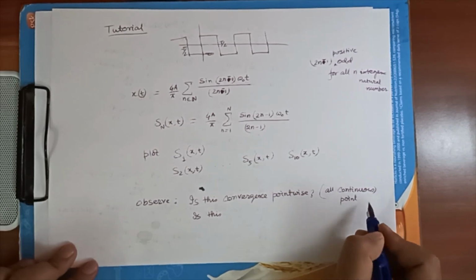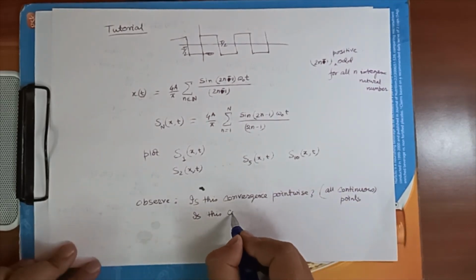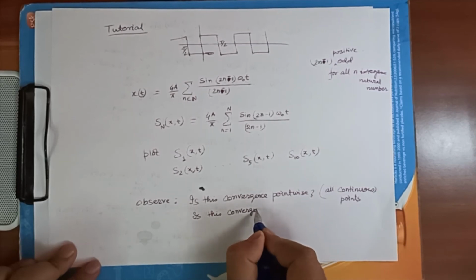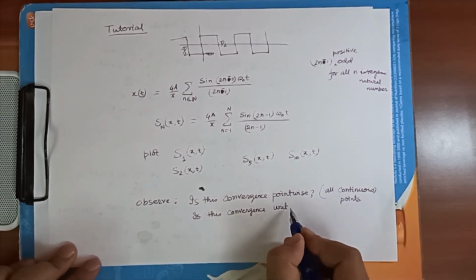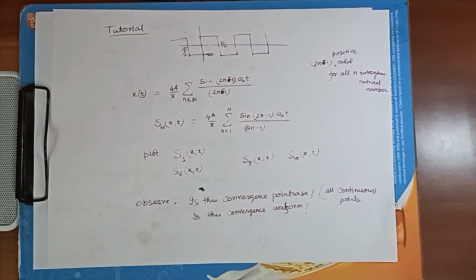Is it pointwise convergence? And is this convergence uniform? That means all points are converging at the same speed. You can check it from the simulation. If you get the result to be negative, then we will get something interesting, and that I will discuss in the next class.